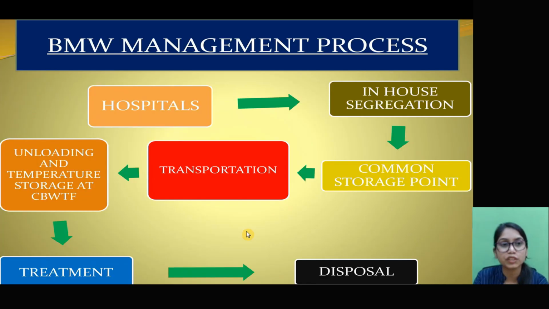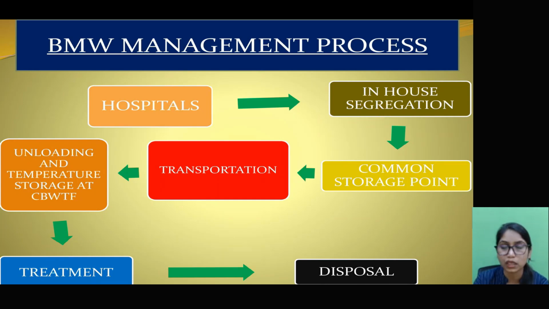Now, coming to the BMW management processes. So here you can see from the hospitals it will go to the in-house segregation. तो first of all कैसे process होता है, कैसे हम waste को manage करते हैं, तो one by one there is a step. सबसे पहले hospital से जब waste आता है, right, then what will happen, it will be in the in-house segregation, right?